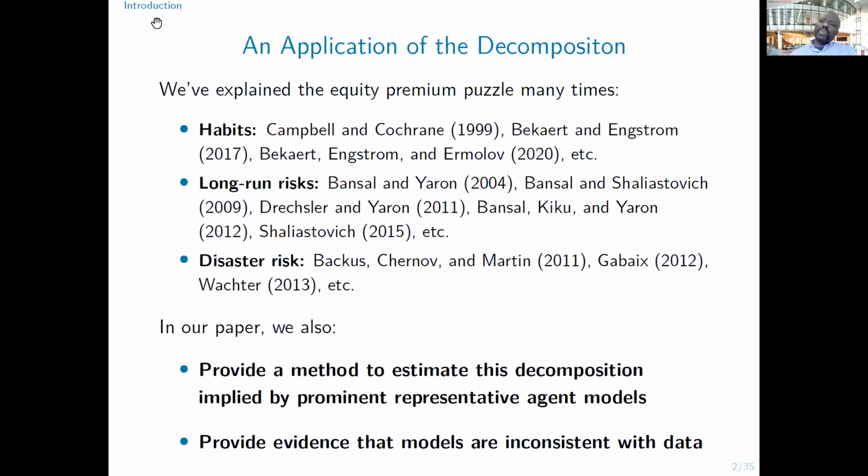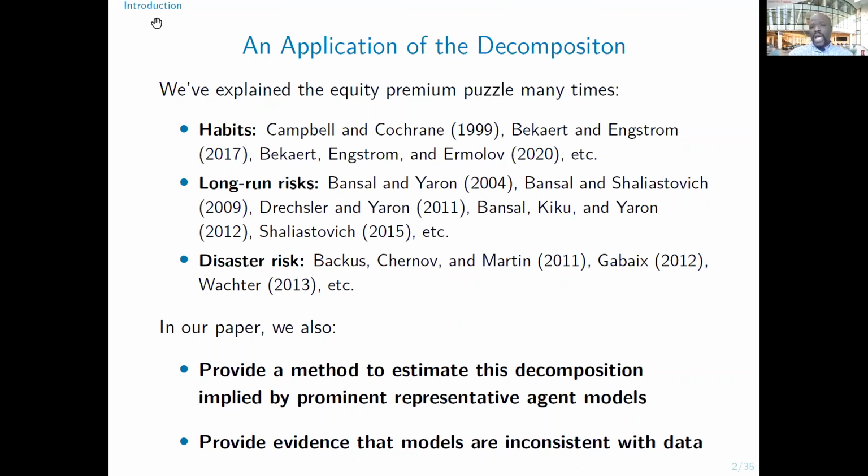When I say asset pricing models, have in mind the three usual classes of asset pricing models: habit formation, long-run risk, and disaster risk. I won't get into details of these models because that's not the point right now, but I might answer questions later on.